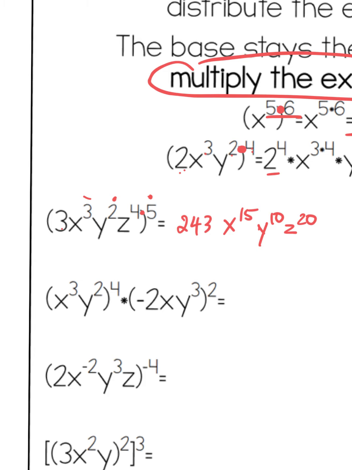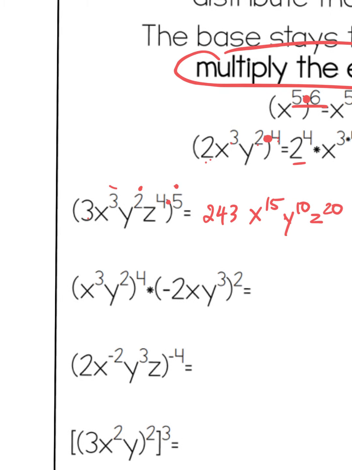Next one. There are 2 parts, and I'm going to take care of one at a time. There's no number, so I'm good to go. x raised to the power of 3 times 4 will be x 12. y 2 times 4, y 8. So part 1 is done. This one means multiply. This is negative 2 raised to the power of 2.